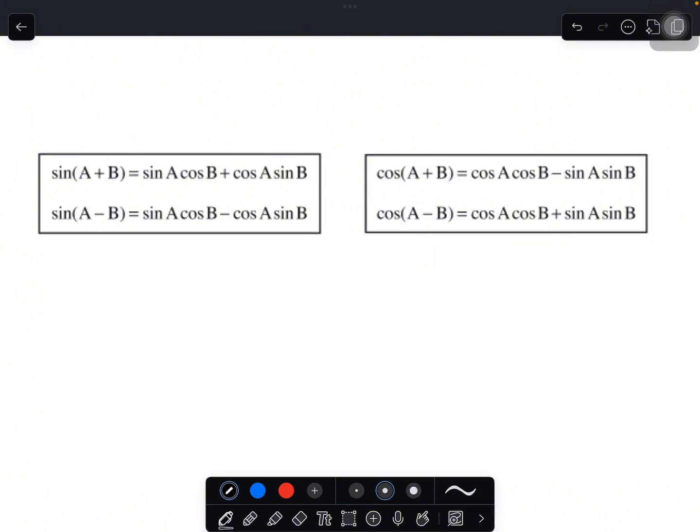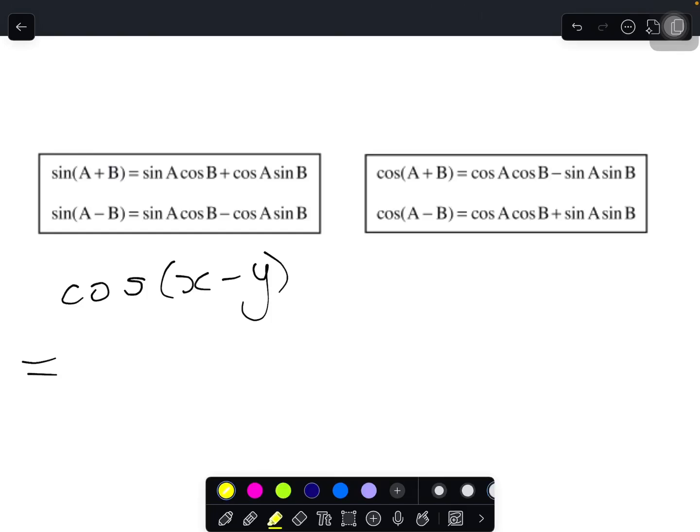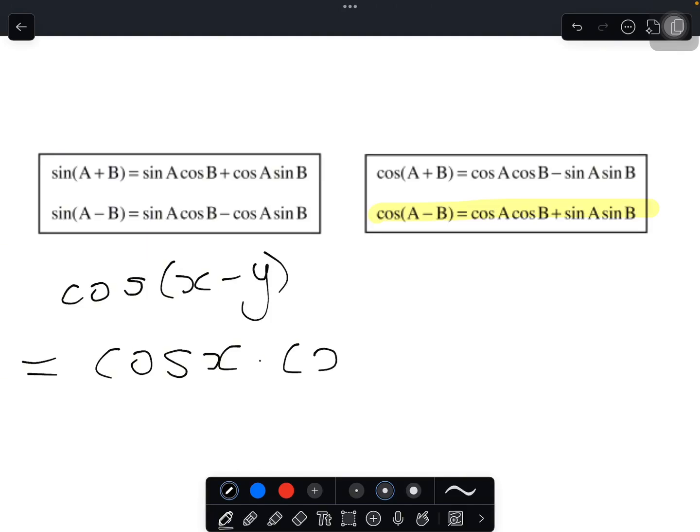We're now going to look at if I had cos x minus y. So if I had cos x minus y, we look at this compound angle right here, and we'll have cos A, which in this case is x, times cos B, which in this case is y.